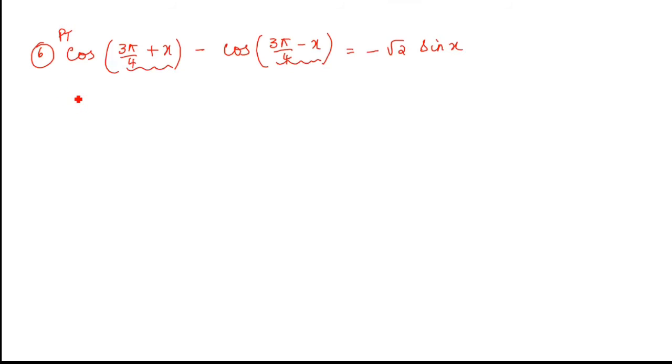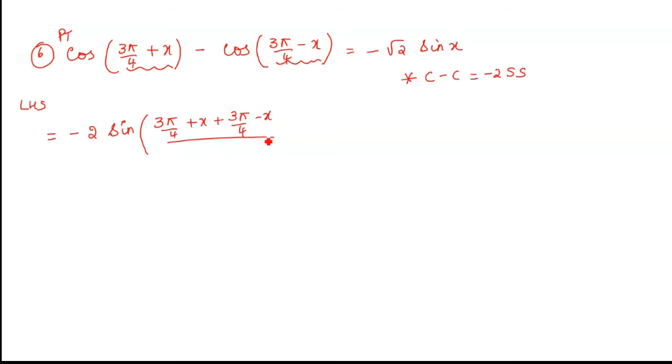Okay, so we have this trick here. As I look into the left hand side, C minus C is equal to minus 2 S S, so my left hand side according to my logic will become minus 2. S stands for sine. First what I have to do, add and divide by 2. So when I add, be a little careful. So 3 pi by 4 plus x plus 3 pi by 4 minus x, whole divided by 2.